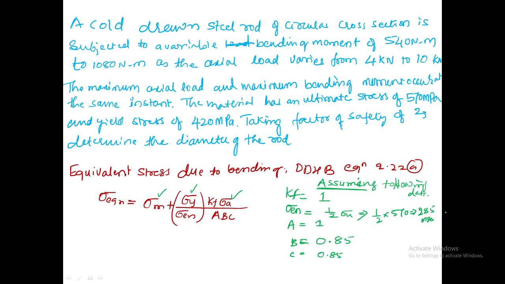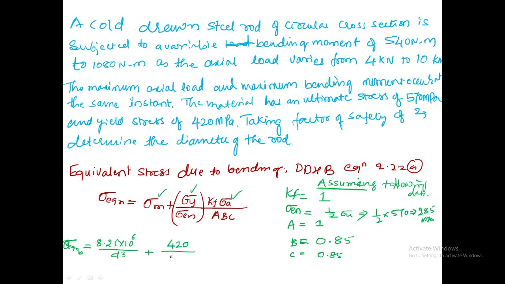Okay. Now let us substitute all values. Sigma equivalent due to bending, right. Sigma m is 8.25 into 10 to the power of 6 divided by d cube, plus sigma y, which is 420.